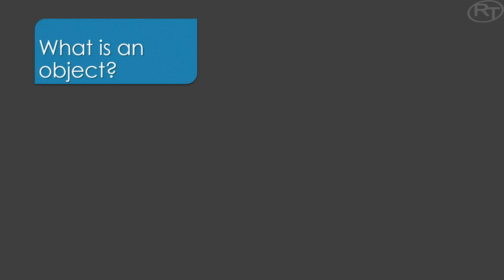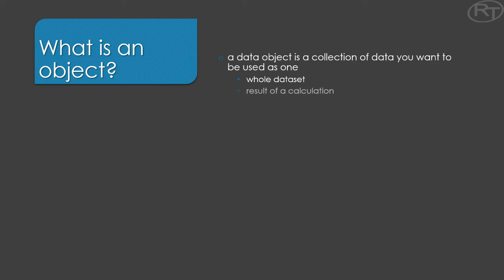This is very important to understand because nearly anything you do in R will be done via different objects. An object is basically an alias for data you want to bind together. An object can be a whole dataset you load into R. It can be a result of a calculation, or it can be a part of a dataset with specific traits.